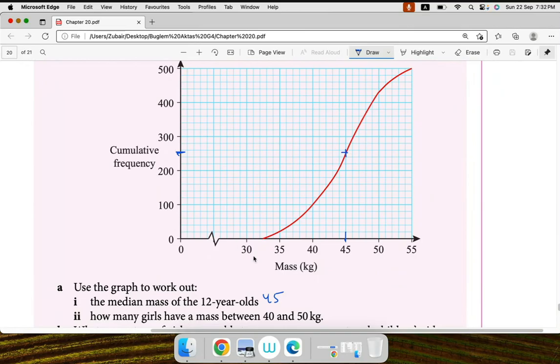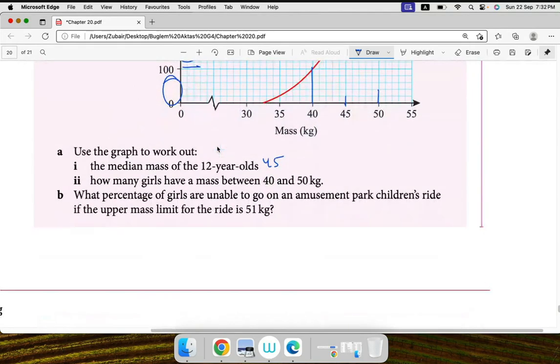But how many girls are in between? So you will add those values? No, you subtract those values, because before this 100, they are lesser than 40 kg. After this 430, they are more than 50 kg. So we are talking about these students. So this is 330. 430 minus 100 is 330.